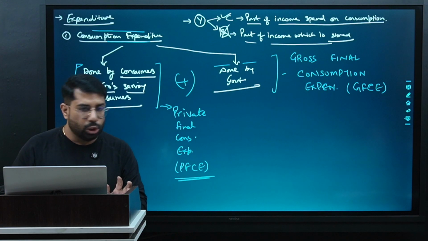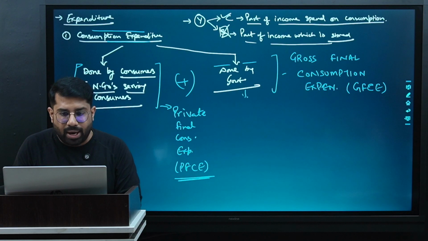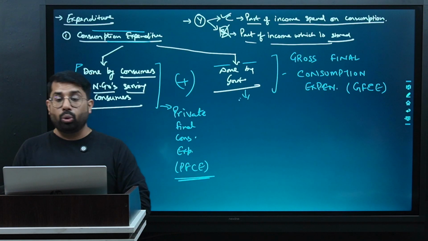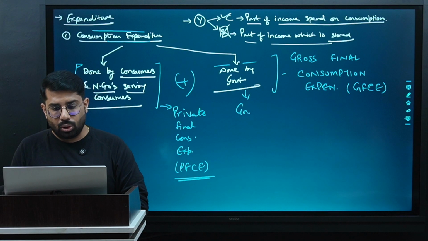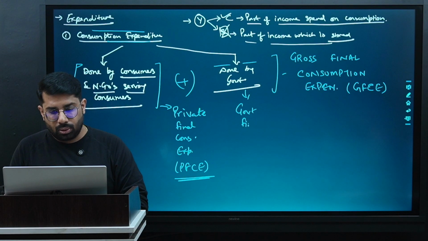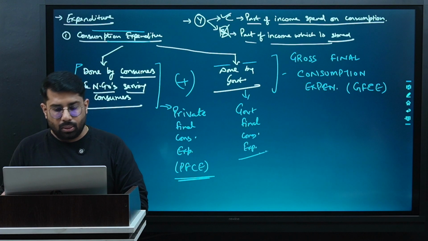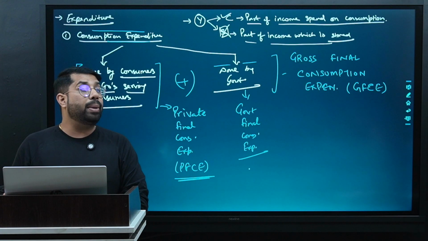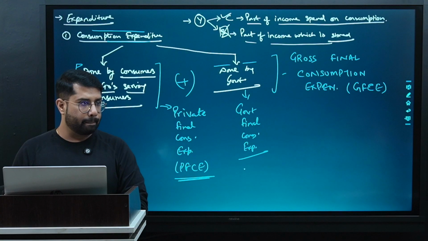Are we clear? So whatever money government spends on consumption will be known as government final consumption expenditure. It can also be known as public final consumption expenditure.